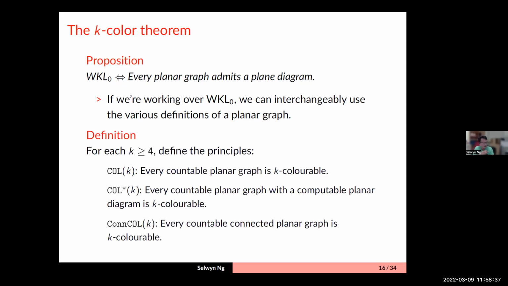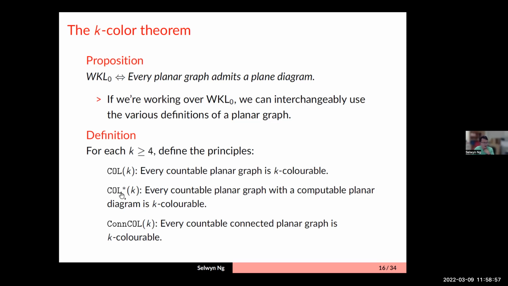So these are the principles that we looked at. As usual, we parameterize COL with K, where K is the number of colors, and the main principle I'm going to look at is COL_K, which is the K color theorem for planar graphs.